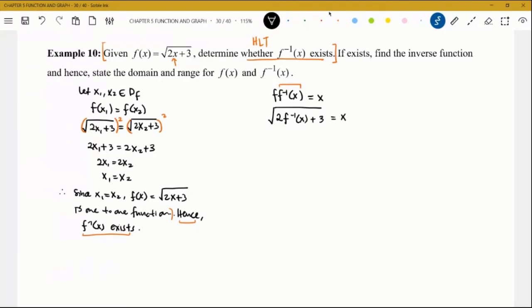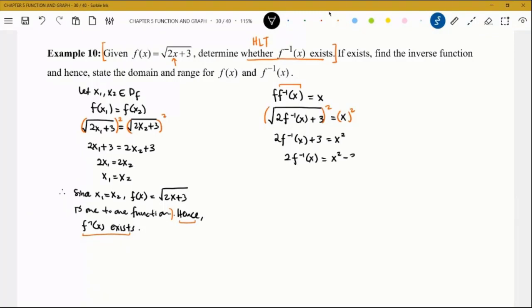So now to make the f inverse as a subject, we have to square both sides. So we're going to have 2f inverse plus 3 equal to x squared. So rearrange so that we can have the f inverse as a single subject on the left hand side. So everything we move to the right hand side.